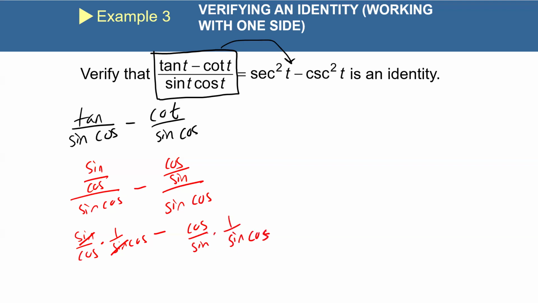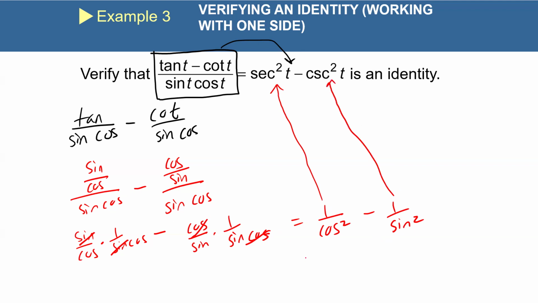And what happens to my cosines? They cancel out. Now I'm left with 1 over cosine squared minus 1 over sine squared. What is 1 over cosine squared? What is 1 over sine squared? So did I prove that secant squared minus cosecant squared?